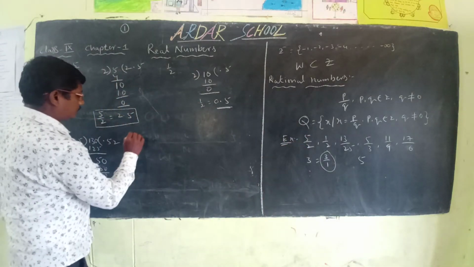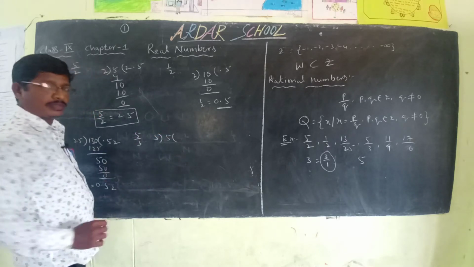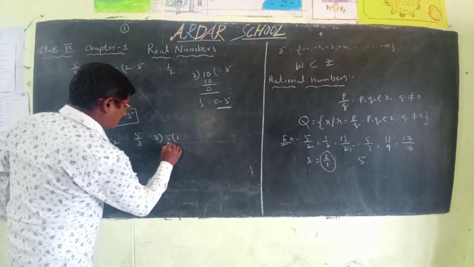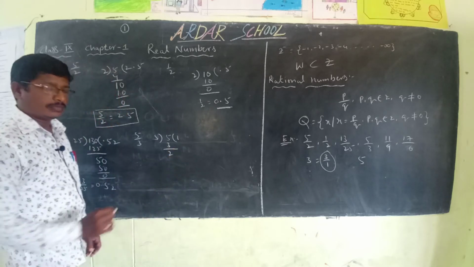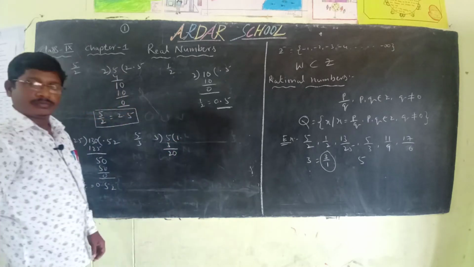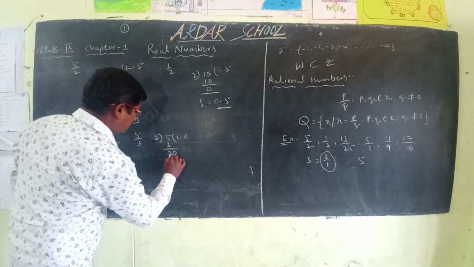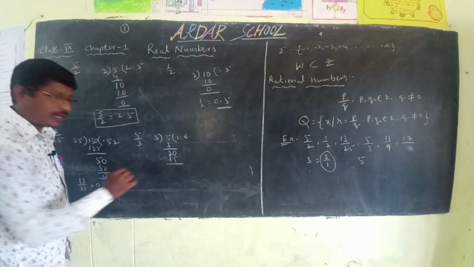Next, take the fourth example, 5 by 3. So 5 is divided by 3. 3 ones are 3, remainder 2. Take the decimal point, 0. 3 sixes are 18. Again remainder 2.